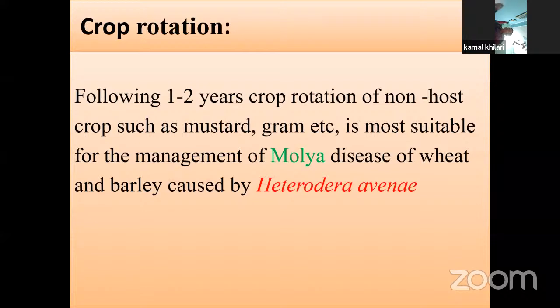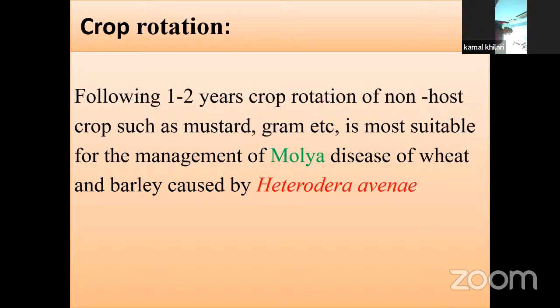With the help of cultural methods, very easily we can manage the nematode. As I earlier told you, nematodes have 3 stages. One is egg, another is larva, and the third one is adult. And these nematodes are very delicate organisms, and most of the plant parasitic ones remain in soil. The different structures survive in the soil.